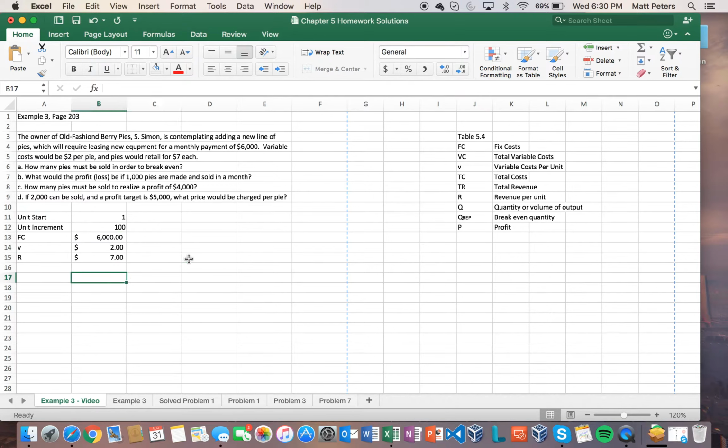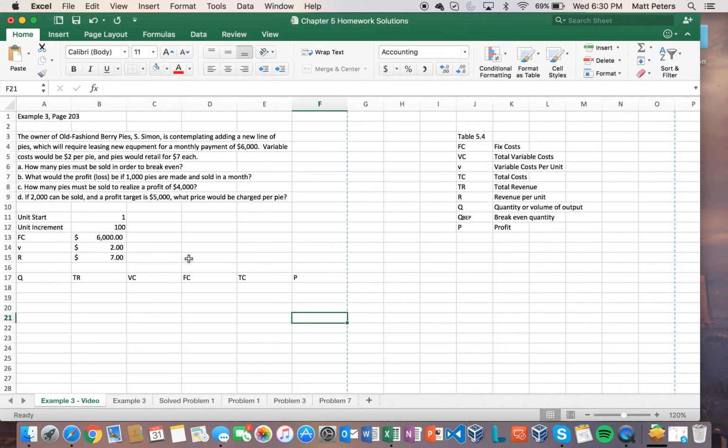Okay, now we're going to build our chart. So the columns for our chart are Q, which is the quantity, TR, which is total revenue, VC, which is the total variable cost, FC, which is the total fixed cost, TC for the total cost, and P for profit.